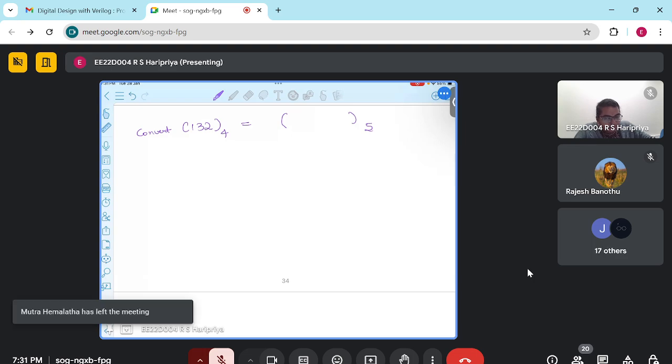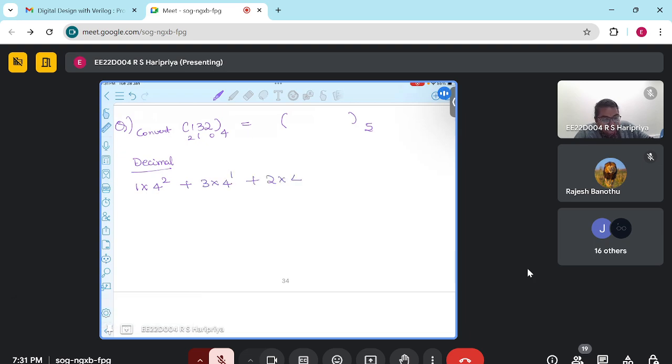So let's first convert this to decimal. This is from one of the GATE questions. 1 into 4 to the power 2 plus 3 into 4 to the power 1 plus 2 into 4 to the power 0. So the decimal equivalent is 16 plus 12 plus 2, which is equal to 30.